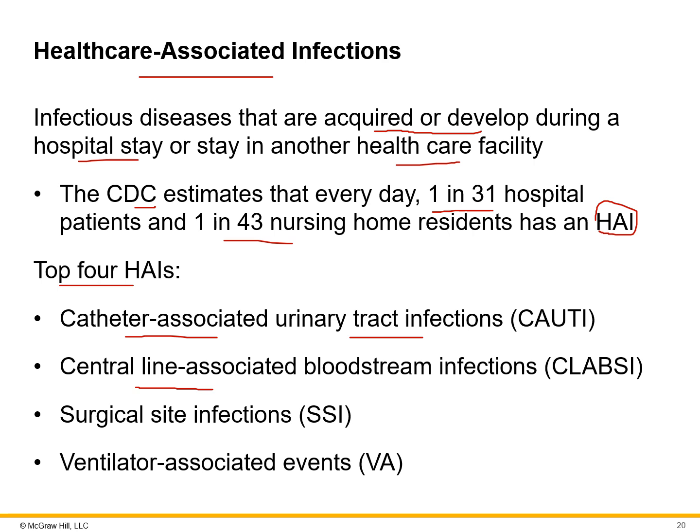Also central lines, leading to bloodstream infections, surgical site infections from improper aseptic technique and sterilization, and also ventilator associated events. So the main sources, again, are catheters, central lines, surgery, and ventilators.